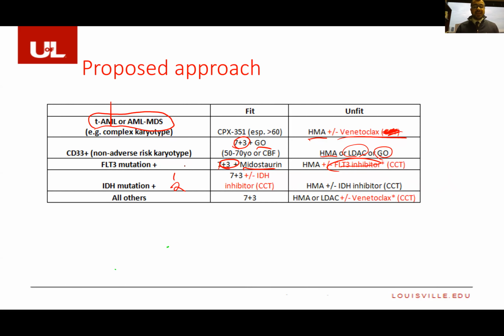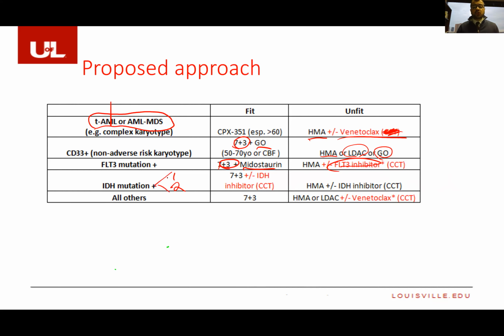IDH mutation can be present on diagnosis. That's the point. It can be acquired later on as well. So it can show up later on in the treatment, in the disease. And that's how you should keep an eye out for these genetic markers that those smart people in pathology can find.